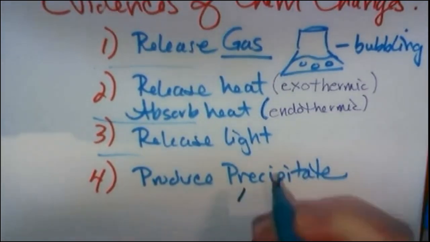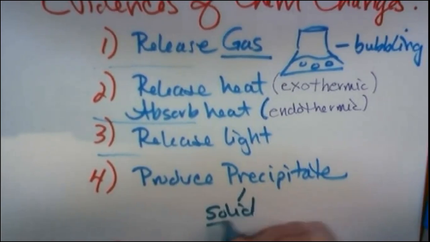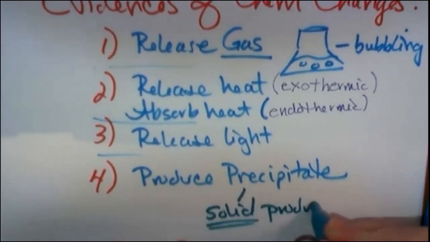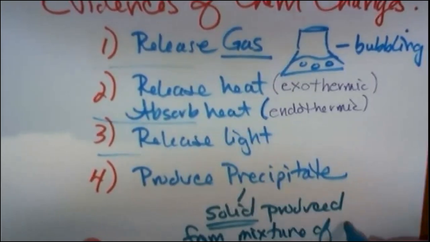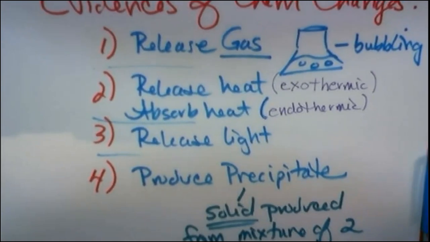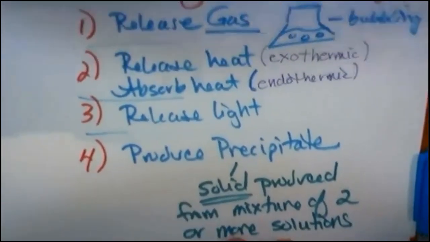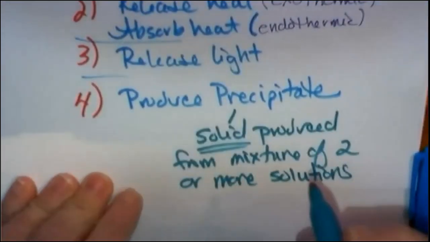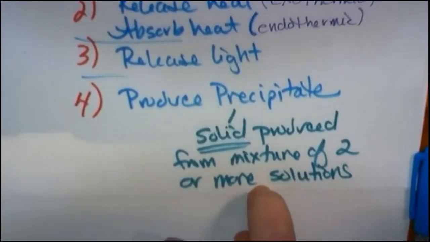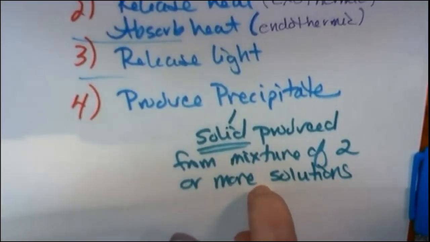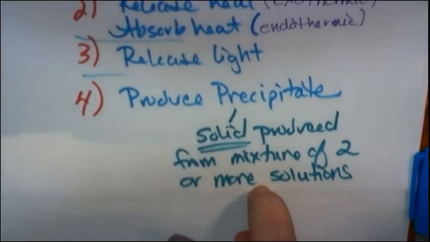A precipitate is a solid produced from the mixture of two or more solutions. Okay, solid produced from the mixture of two or more solutions. And we will see plenty of examples of these.